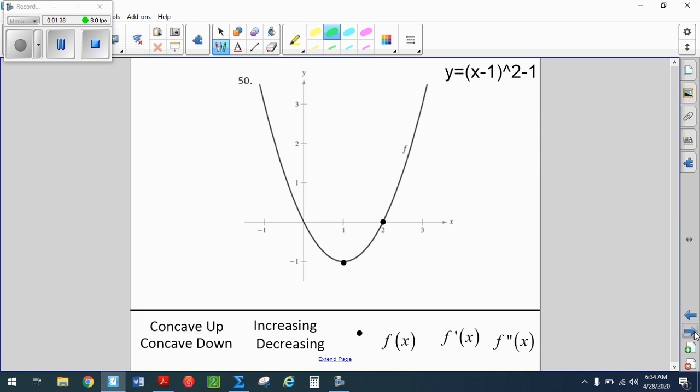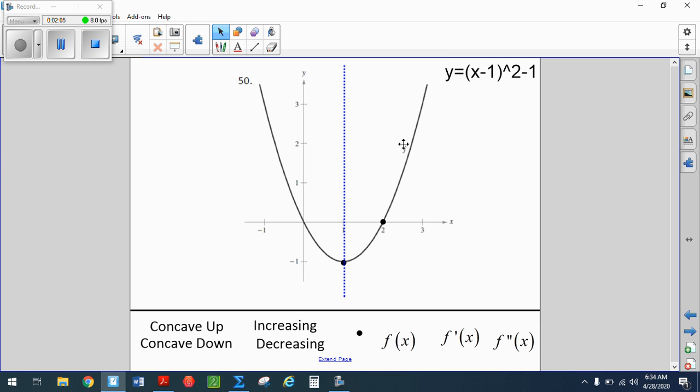So I can see that my original function is decreasing from -infinity to 1. So if I drew a line right here, since I'm decreasing from -infinity to 1, I know that my derivative graph will be negative.